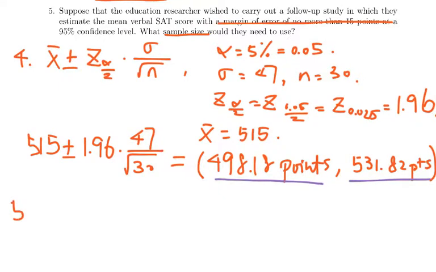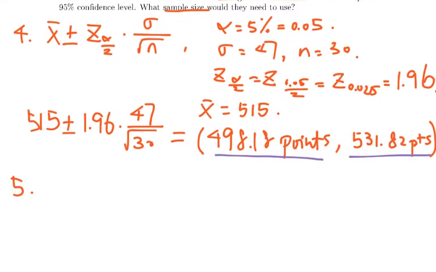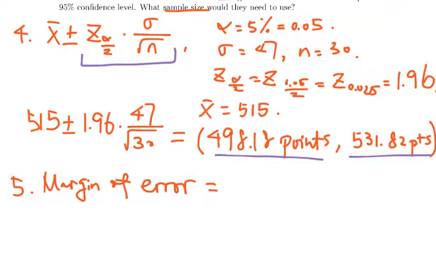Remember, the margin of error is z alpha over 2 times sigma over square root of n.